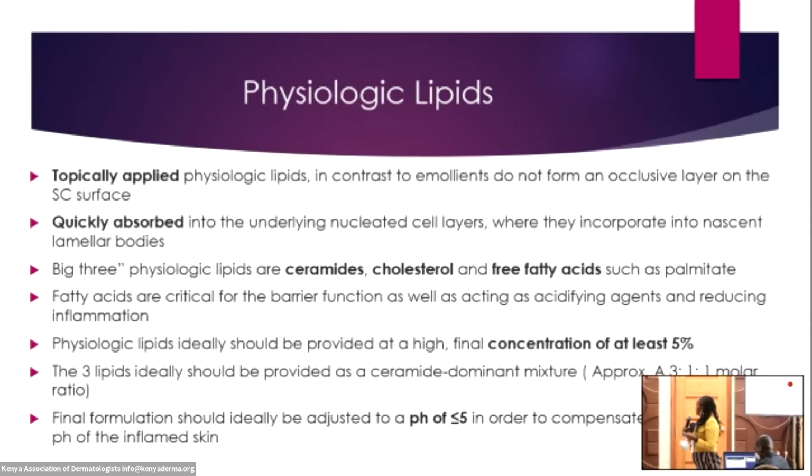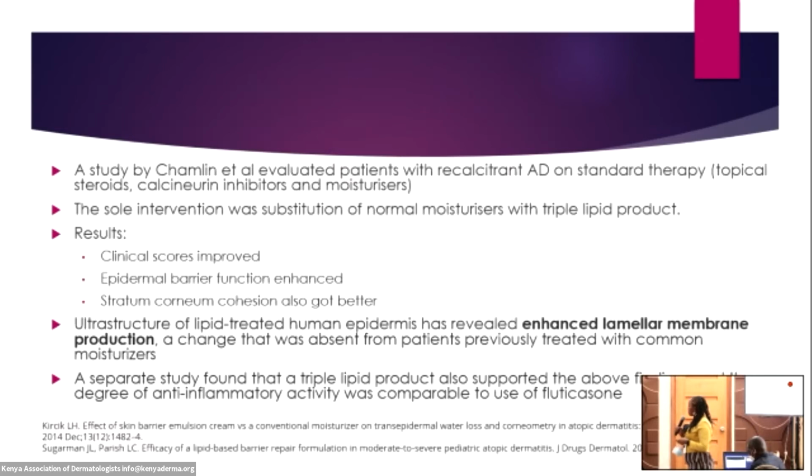So usually the ceramide is the predominant one, and that's the ratio that they have found in studies that is actually useful. And once you've managed to formulate that product with the ceramides, the cholesterol, and the free fatty acids, then you want to try and bring down the pH of the product to less than 5, which also helps correct the pH as well as manage inflammation.